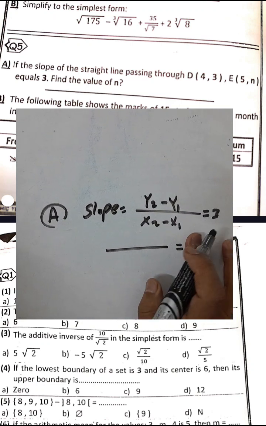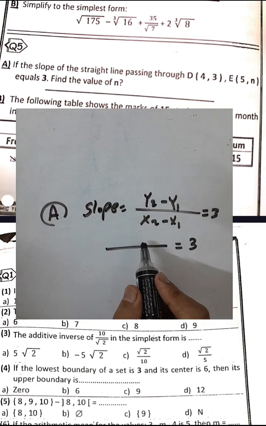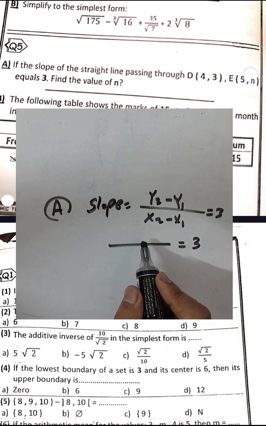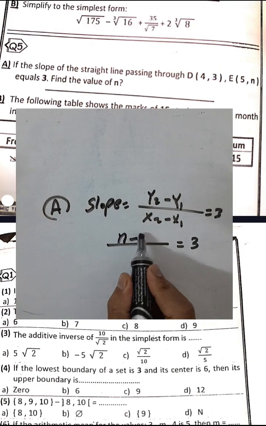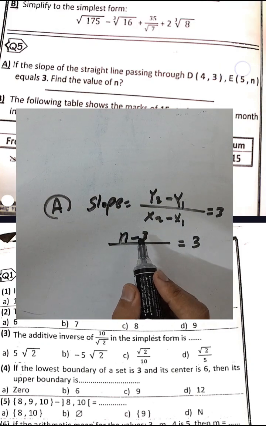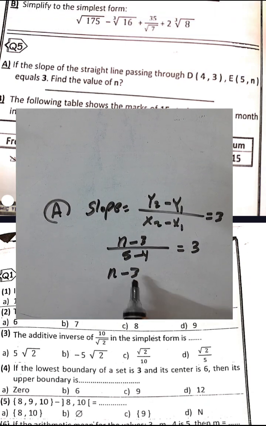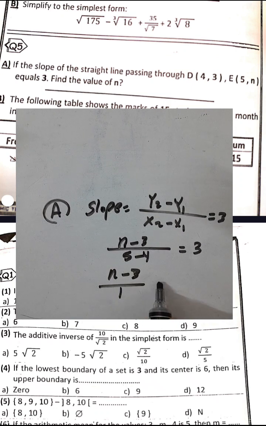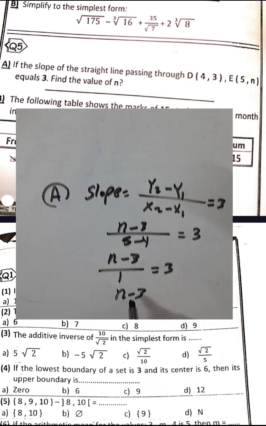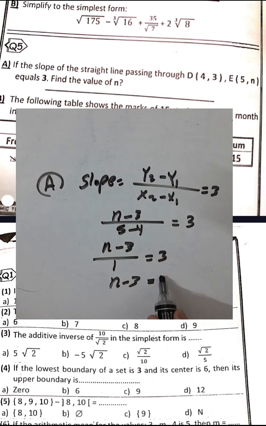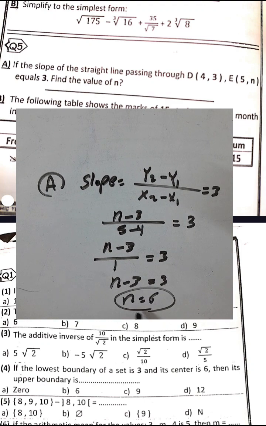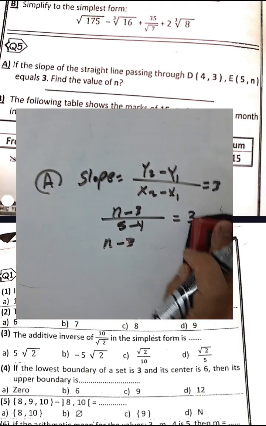Then you can write y2 minus y1, n minus 3, over x2 minus x1, 5 minus 4. Then n minus 3 over 5 minus 4, it will be 1 equal 3. Then n minus 3, it will be 3 times 1 equal 3. Then n equal 6. Value of n here equal 6.